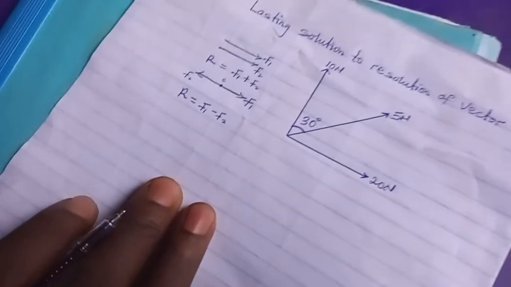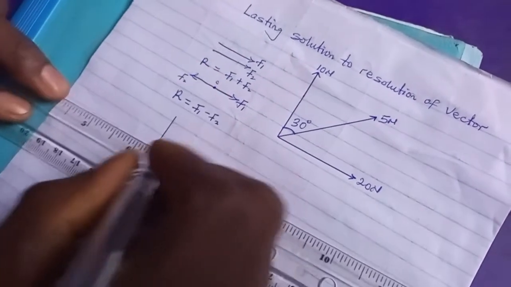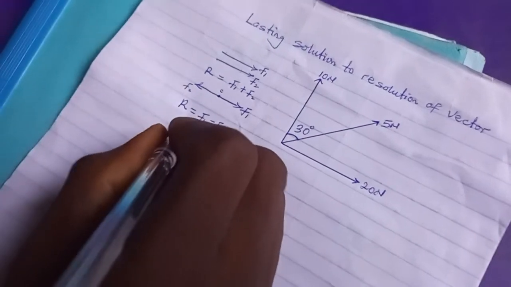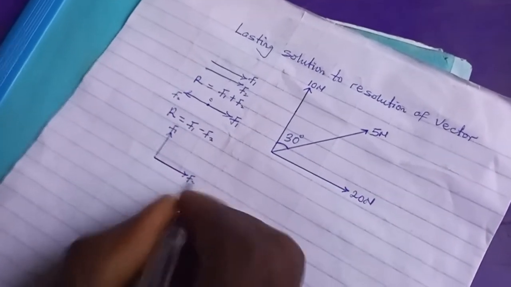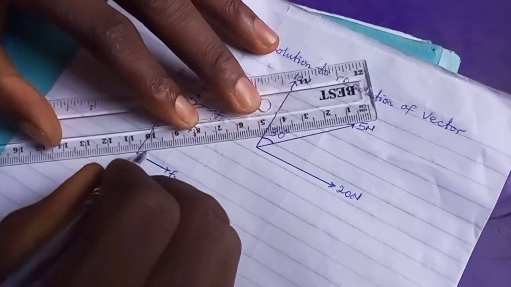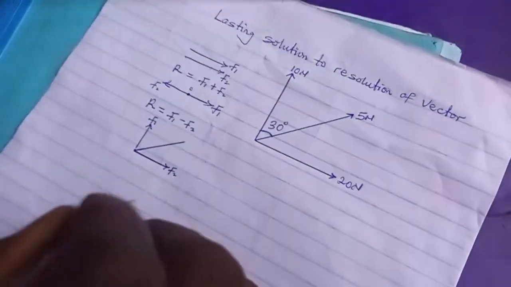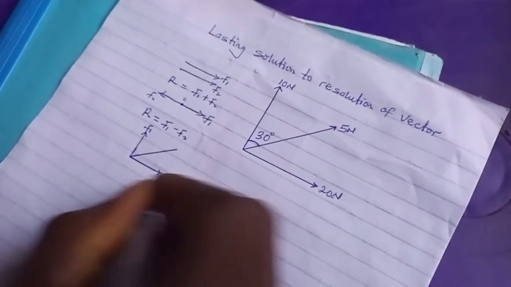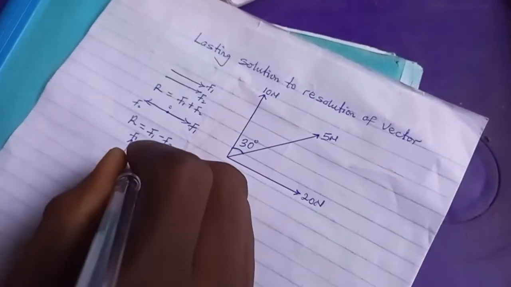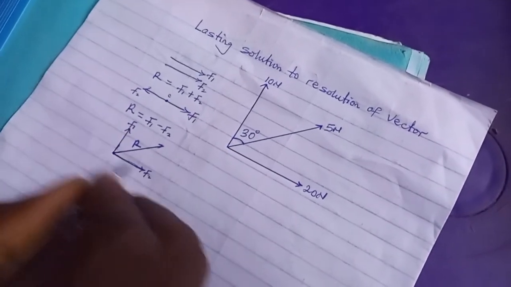Now, in a situation whereby the two forces are acting perpendicular to each other, that is, we have F1 and F2, our resultant will be the third vector R, which is acting from the common point of these two other forces.